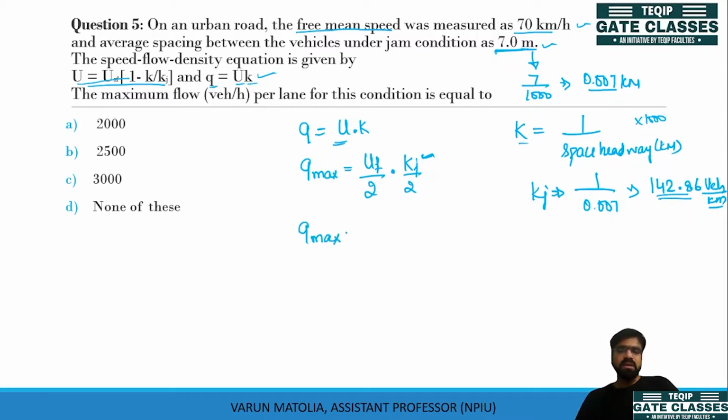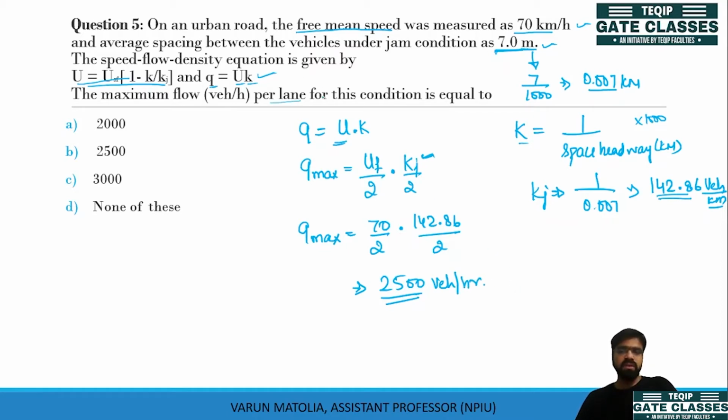Q max is equal to 70 by 2 multiplied by 142.86 by 2. Let us calculate it. The value is coming out to be exactly 2500 vehicles per hour per lane.